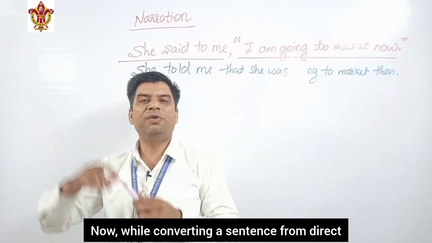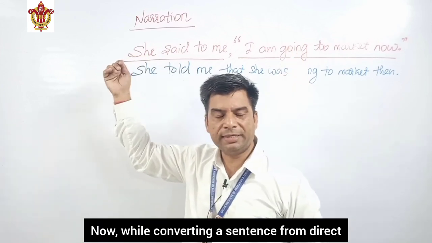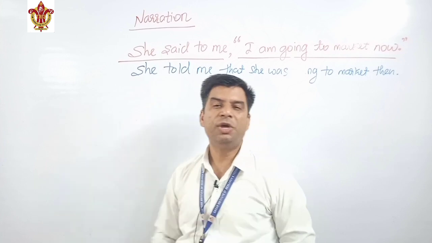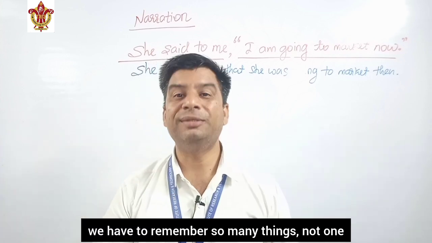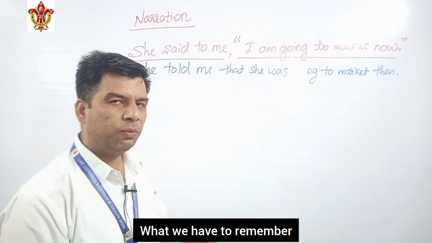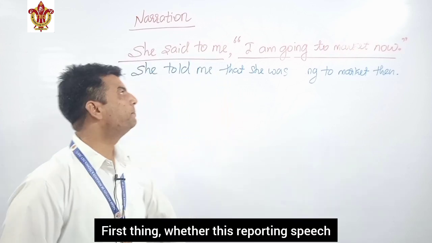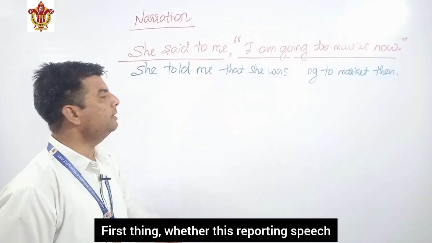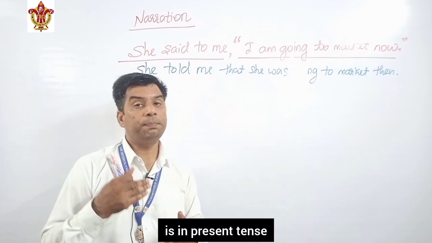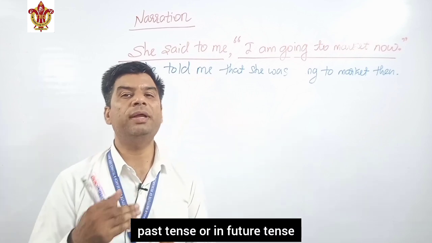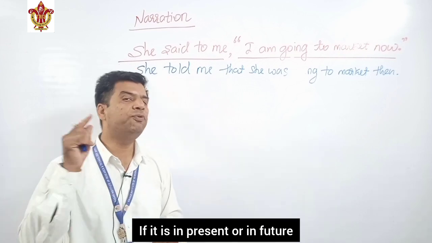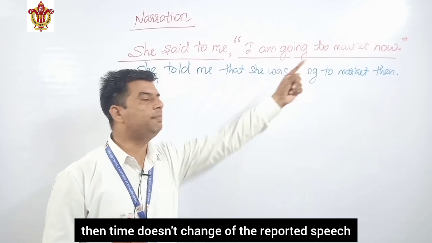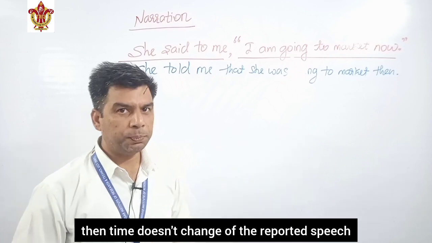Now, while converting a sentence from direct speech to indirect speech, we have to remember so many things, not one, so many things. First thing, whether this reporting speech is in present tense, past tense, or in future tense. If it is in present or in future, then the tense of the reported speech doesn't change.